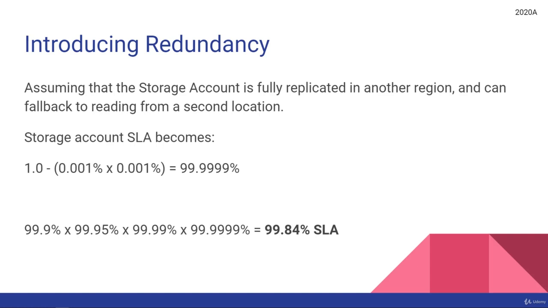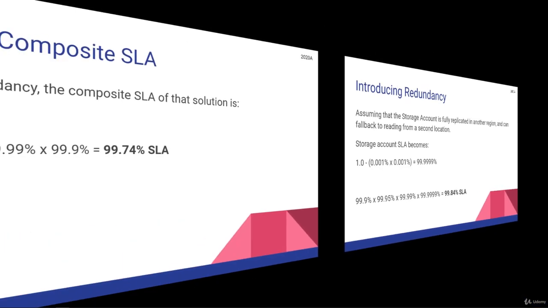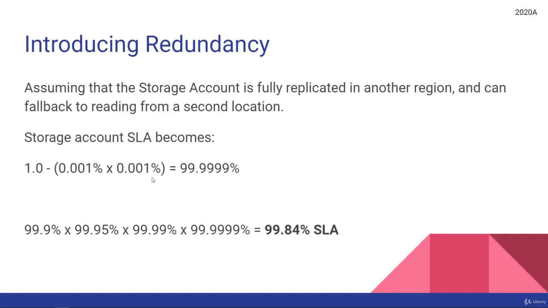And so if we actually put the storage account into replication, had 2 storage accounts that both contained the files and created the application that could fall back to another storage account, then the math does change, but the SLA for 2 storage accounts fully replicated is now 6 nines, 99.9999. And just replacing that into our solution increases us from 99.74 to 99.84. So we got a 0.1 increase in availability just by having a replicated storage account.